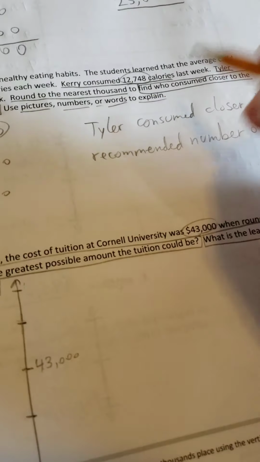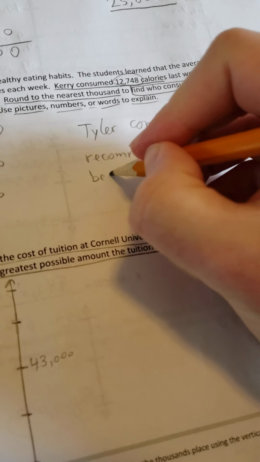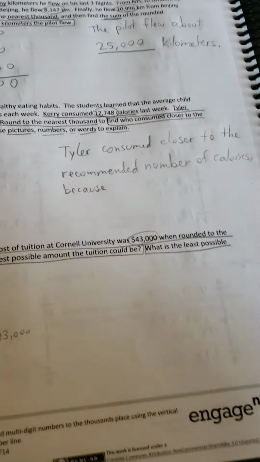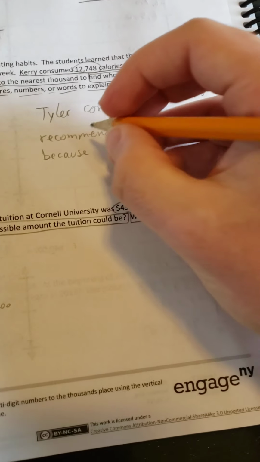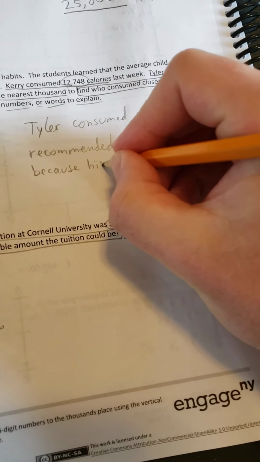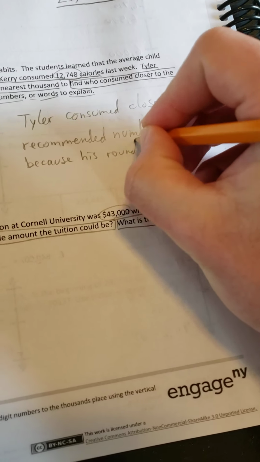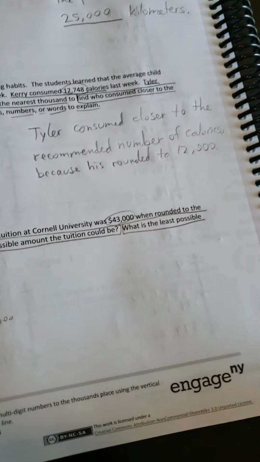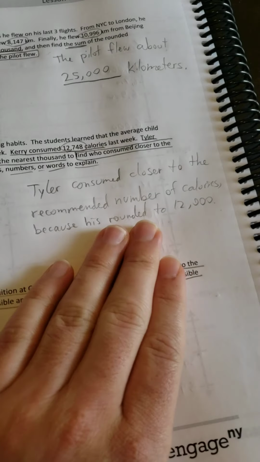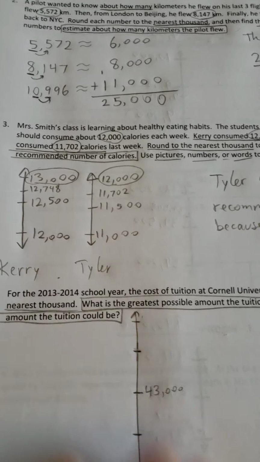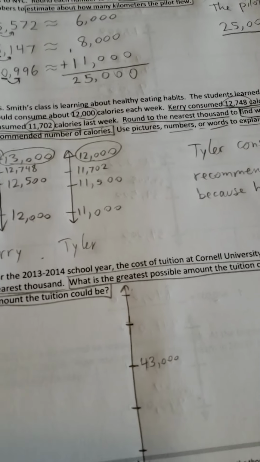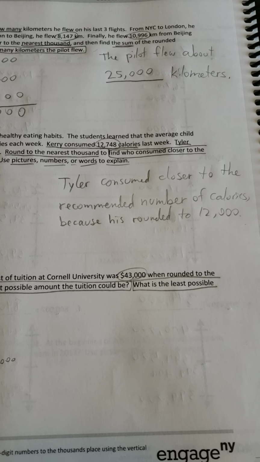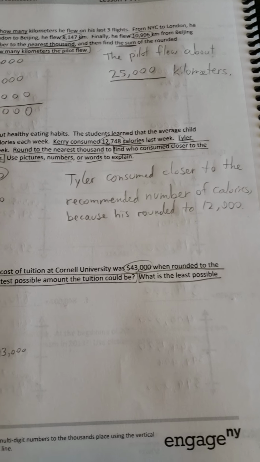And since it wants us to explain, I'm going to say because his rounded to 12,000. We'll just leave it at that. Got this explanation. We have this showing our work. That should be good. All right. So there you go. Just make sure you can see that. Okay, and last one.